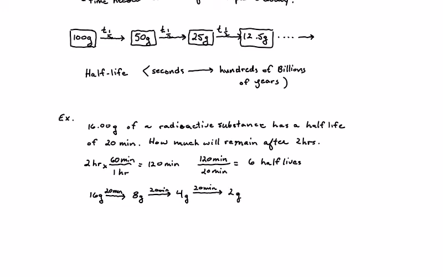So we have our first half-life, our second half-life, our third half-life, and we need to get to 6. So we're going to continue going here. Another 20 minutes passes for our fourth half-life. That gets us down to 1 gram. Another 20 minutes, that'll be our fifth half-life, gets us down to 0.5 grams.